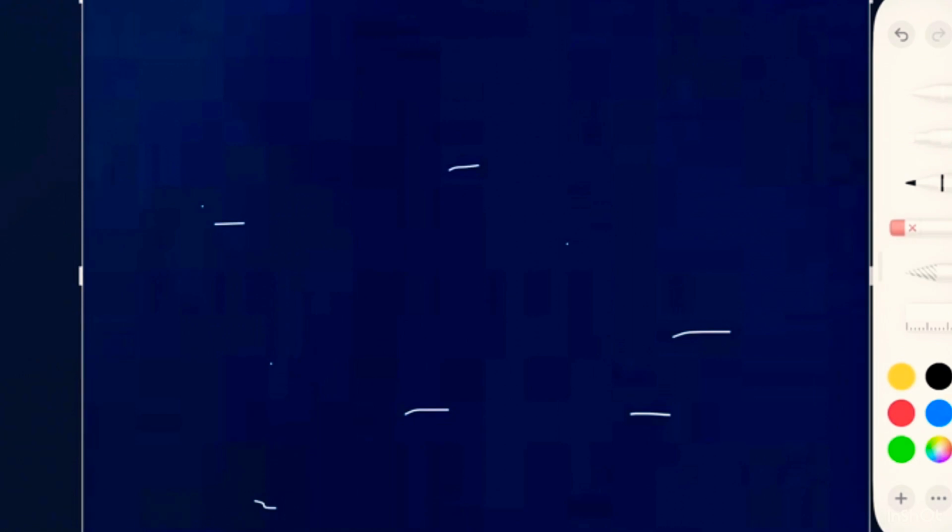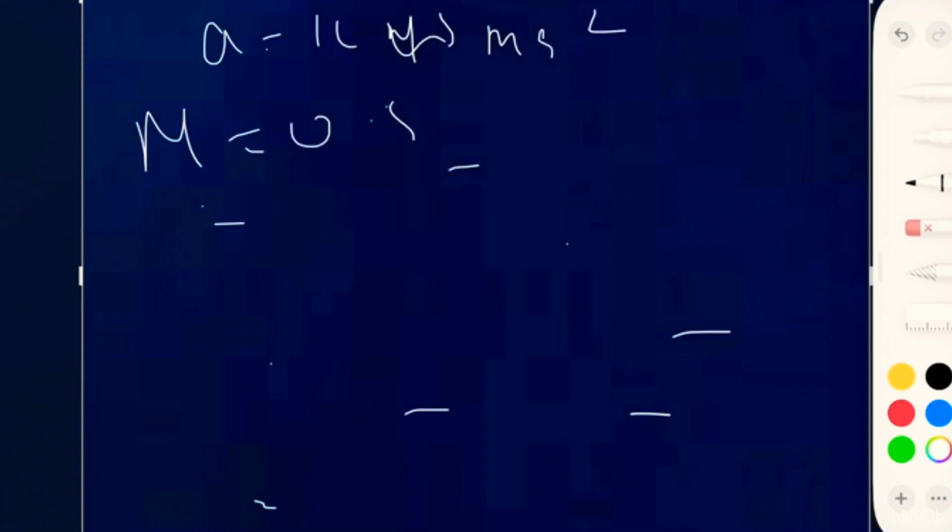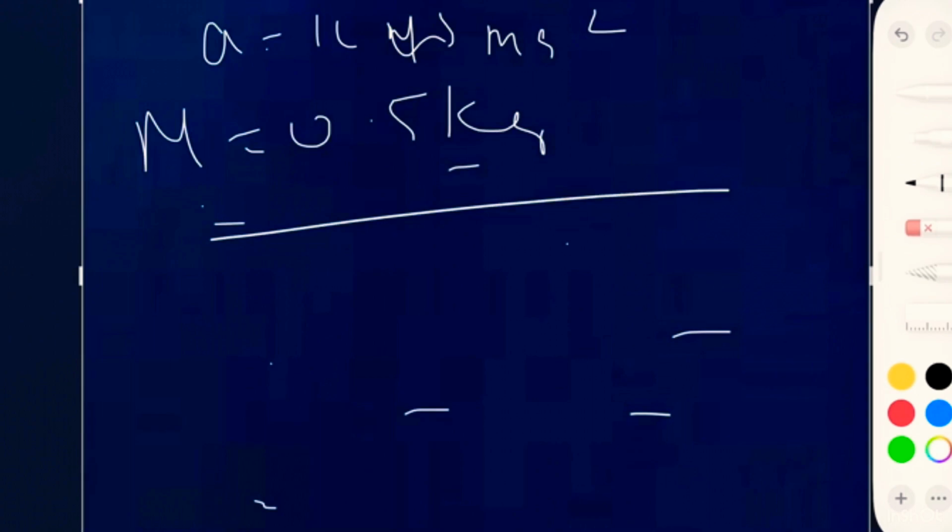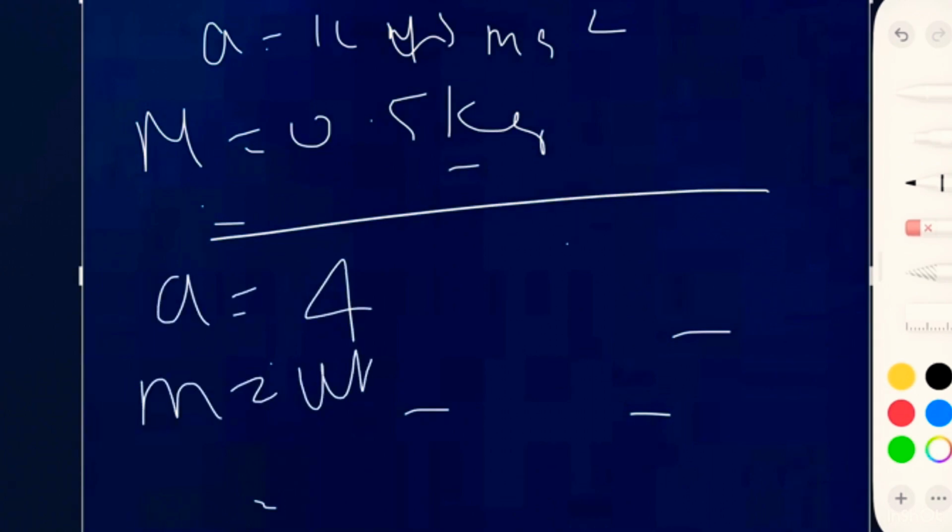I'm repeating. A is equal to 16 for the mass m equal to 0.5 kg, and A is equal to 4 for the unknown mass. These are separate.